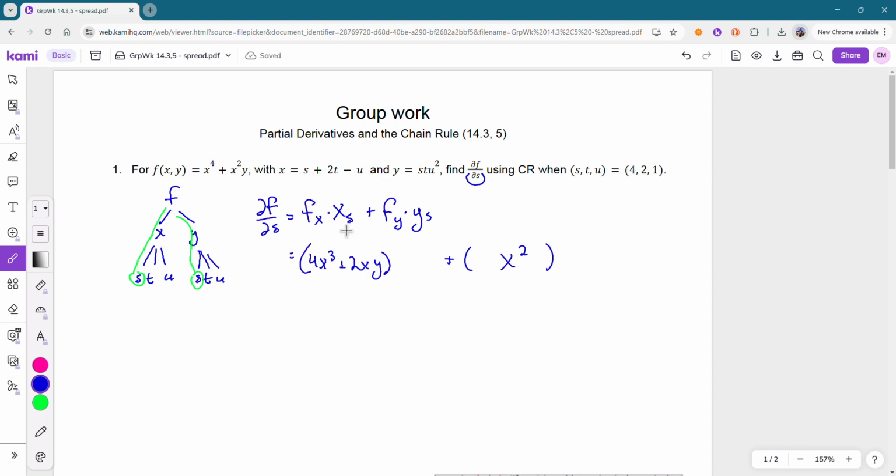And now for xs, we're just looking at our formula for x, and if we're taking the partial with respect to s, then our other variables t and u are constant, and so in the derivative those just go away, and our derivative with respect to s is going to be 1.